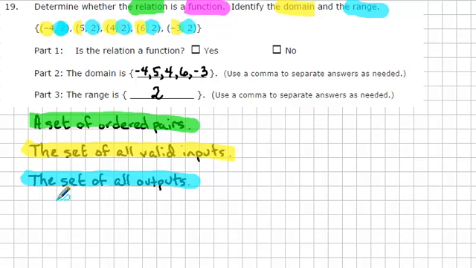Well, a function is a relation where each x value corresponds to exactly one y value.